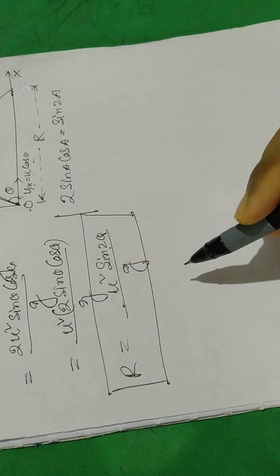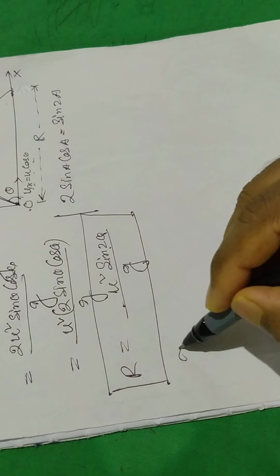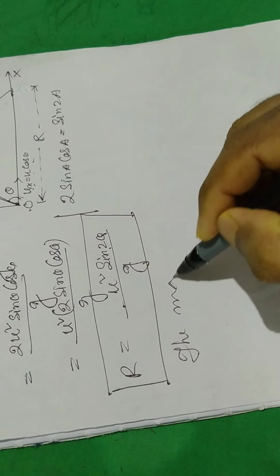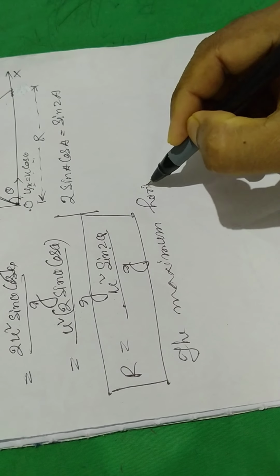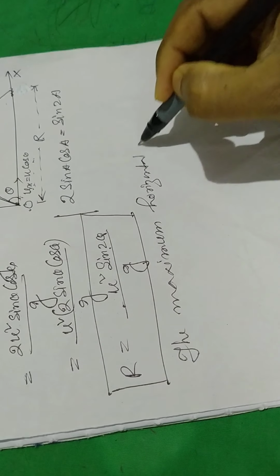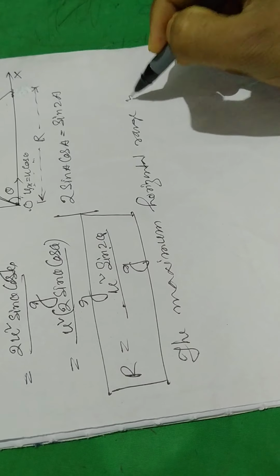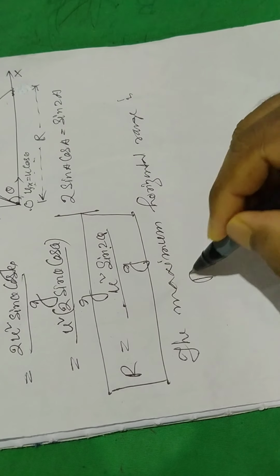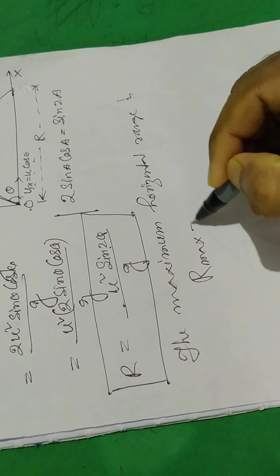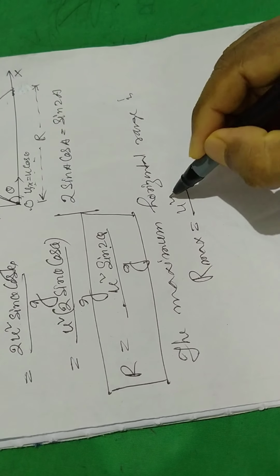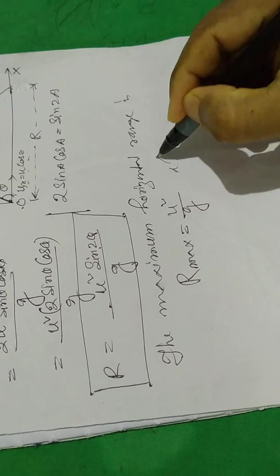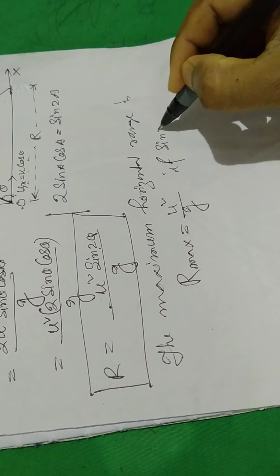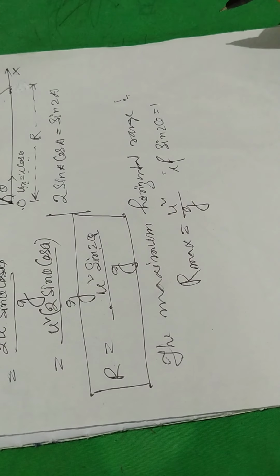The maximum horizontal range is R max equal to u square by g, if sin of 2 theta equals 1.